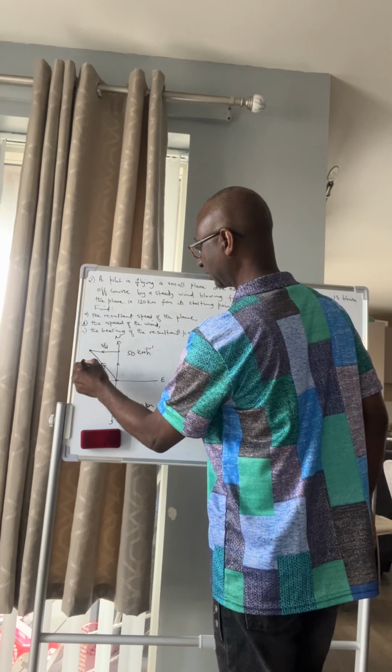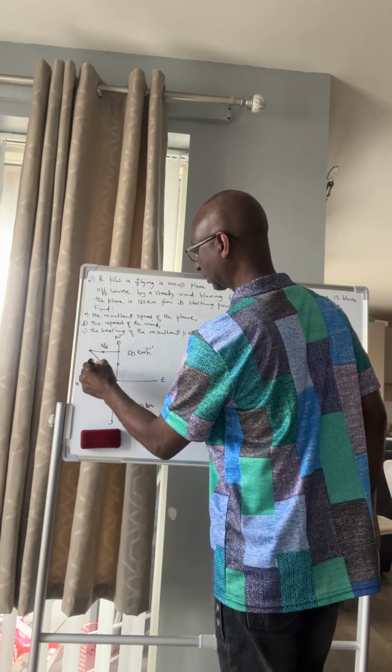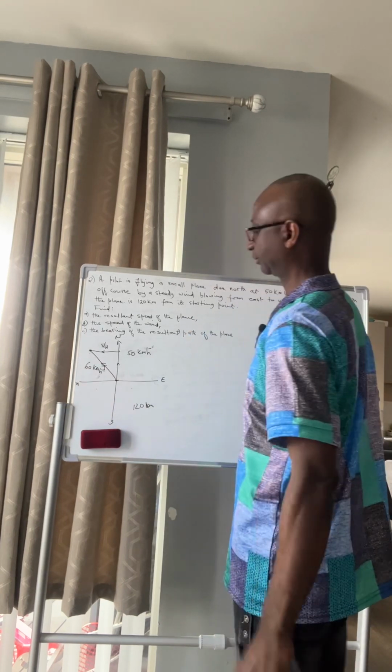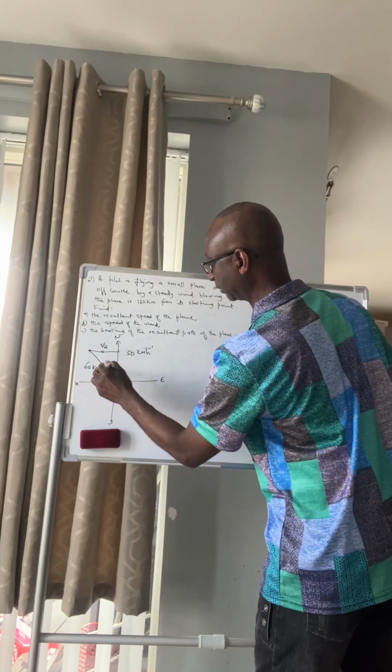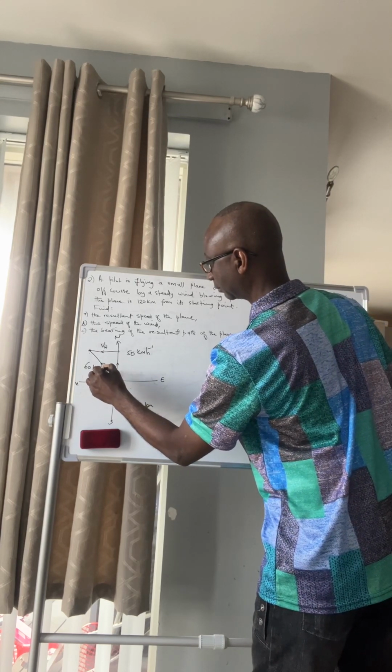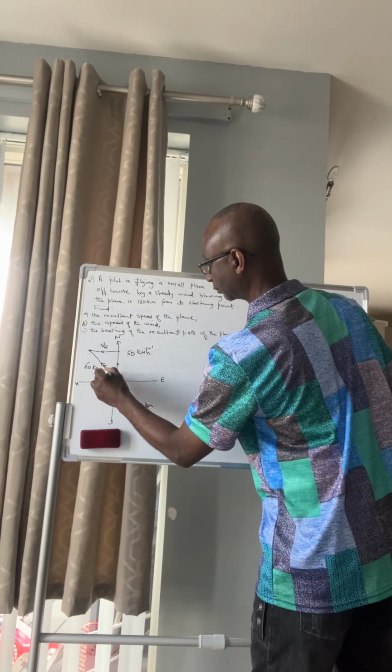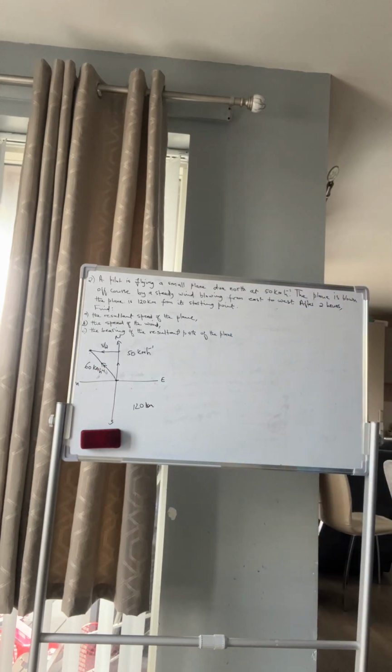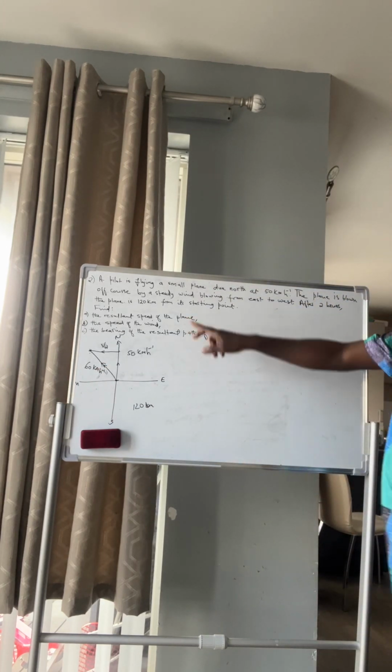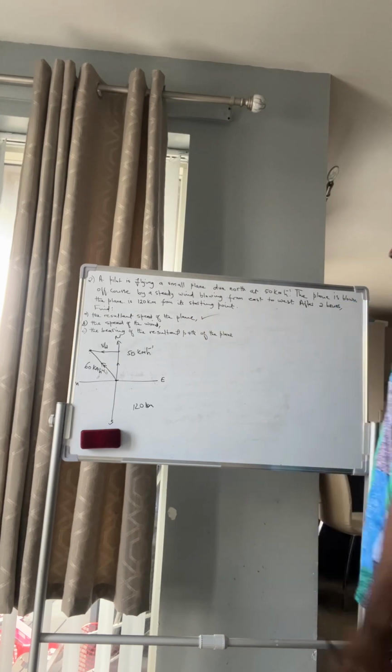So this is 60 kilometers per hour. That is the resultant speed of the plane. 60 kilometers per hour. That is the resultant speed of the plane. This part is answered.